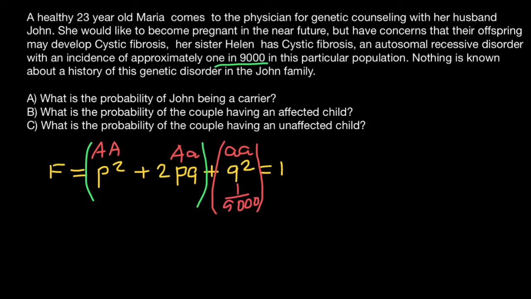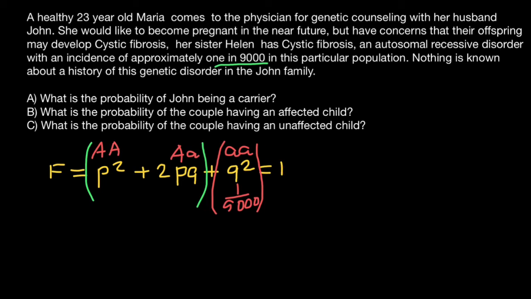So right now we are answering the first question: what is the probability of John being a carrier? Nothing is known of this genetic disorder in his family, so we just suggest that he is an average person from this population, and we describe this population in connection to this genetic disorder with this formula.